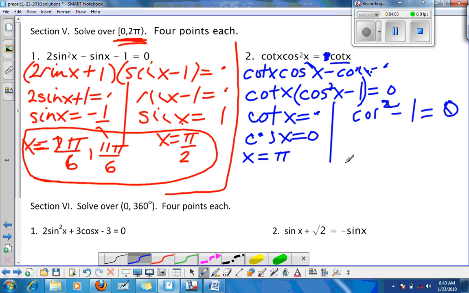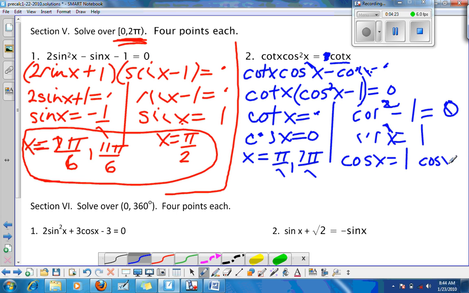Over here, solving, we get the cosine squared of x equals 1. And then when we take the square root, remember we have two parts. We have the cosine of x equals positive 1 and the cosine of x equals negative 1. So again, where is the cosine of x equal to 1?